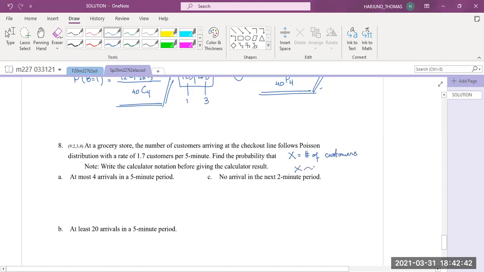X is Poisson distributed with average 1.7 for 5 minutes. What is the probability to have at most 4 arrivals in 5 minutes? The probability that X is at most 4. That would be the Poisson CDF. It's already 5 minutes, right? Poisson CDF, the average 1.7, up to 4.